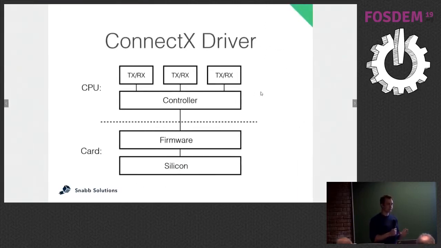So if you're going to write the ConnectX device driver, you will have a controller component, I'm going to call it on the host, that is talking to the firmware over PCI Express and sending a bunch of requests to initialize and configure the network card. And this is basically a CRUD interface that you get from the firmware. You have a bunch of objects like a transmit queue and a receive queue and a flow table and so on, and you can create, read, update, and delete these objects.